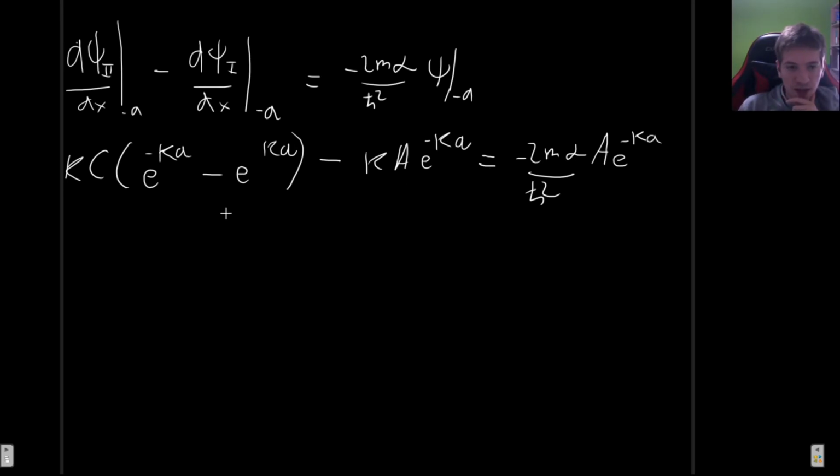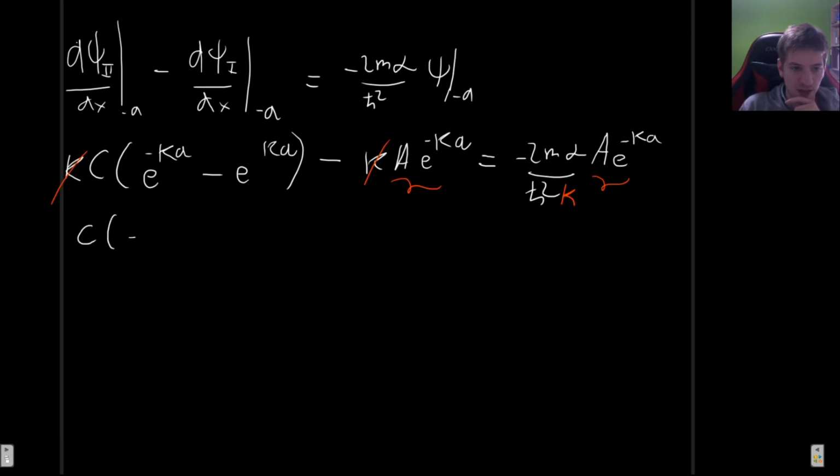Okay, so now let's bring everything together. So we can start by dividing by this k. So we can write it down here in the denominator. And then we got this a e to the minus ka here and here. So let us actually put all of that to the right hand side so that this equation can look a bit better.